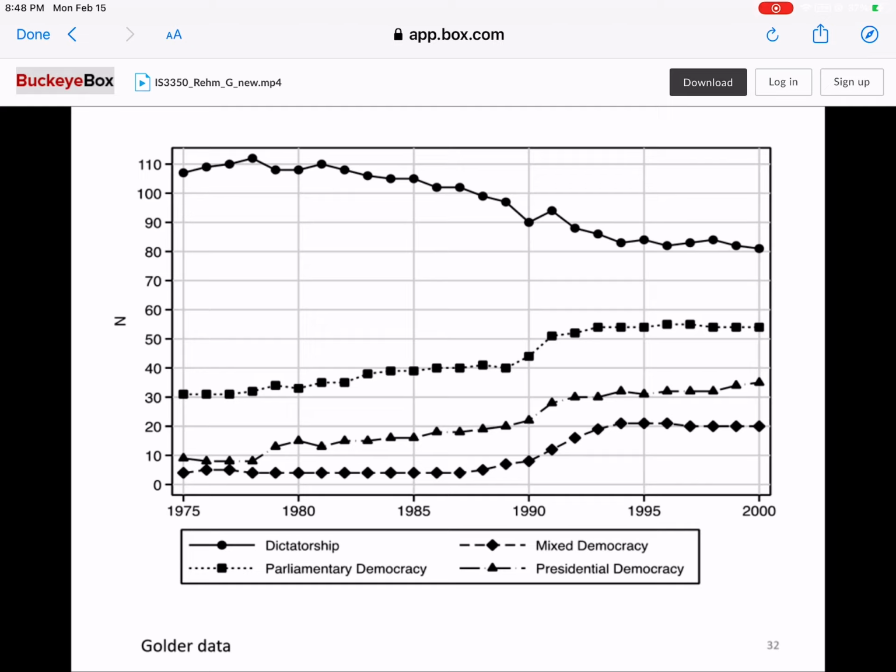What you can't quite see here, given that these are absolute numbers, is that parliamentary systems are about 50% of democracies, while presidential and mixed systems are about 25% each, which is a big increase for mixed systems, because mixed systems used to be very uncommon until essentially Eastern Europe democratized.